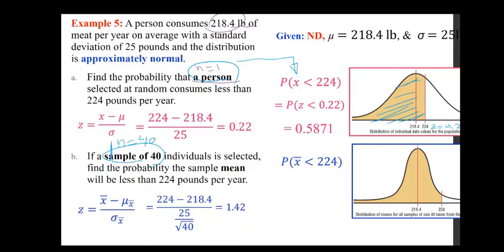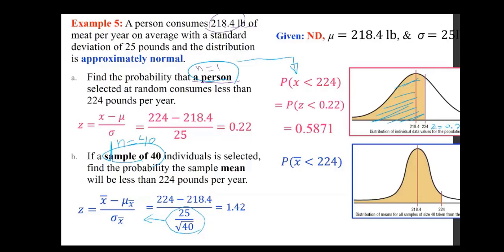We calculate the Z-score, and again, I want you to pay attention to sigma versus sigma of X bar, which is smaller. The square root of 40 comes up as far as changing a complex fraction to a simple fraction. Remember, the definition of a complex fraction is a fraction within a fraction.